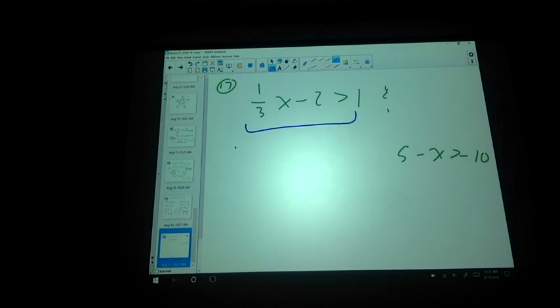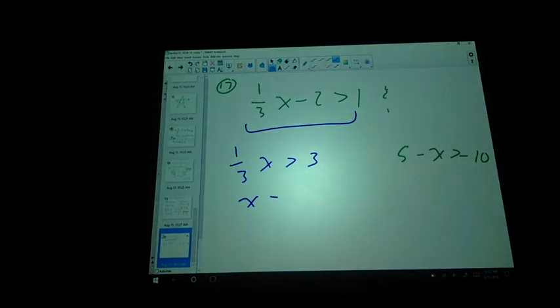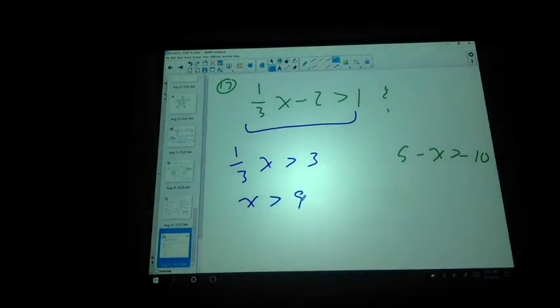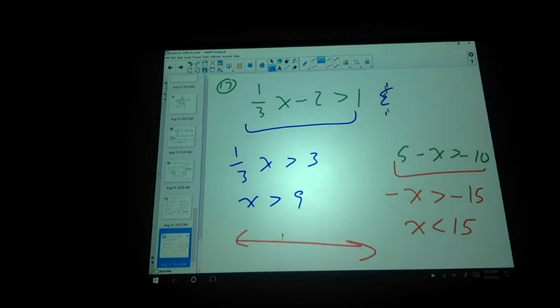It looks like if I add 2 to both sides, and then I multiply both sides by 3, then I had this, and then I had the "and" word or symbol in there, so I'm going to modify this one. -15. So if I get 9 this way, 15 this way, I get an open dot and open dot, and we're shading in between.